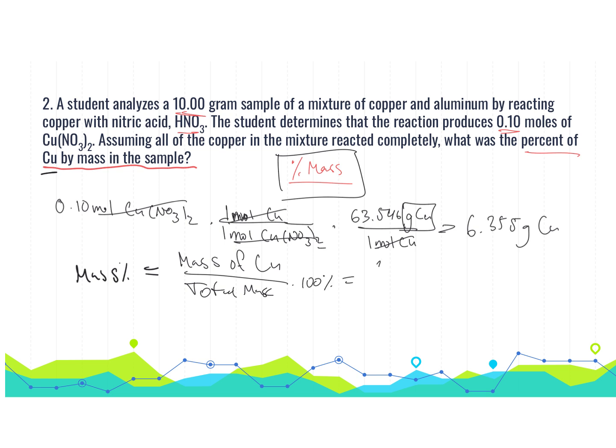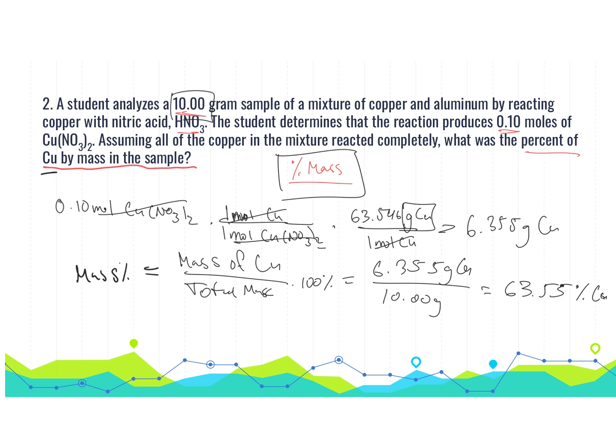So here we would have 6.355 grams of copper divided by the total mass, which we were given, is 10.00 grams. And this is equal to 63.55% copper. So after this reaction, we have 63.55% copper by mass in our sample.